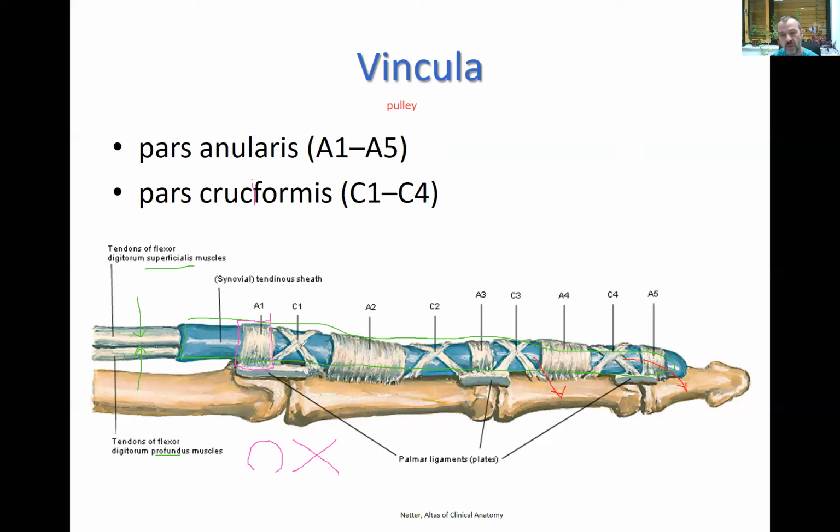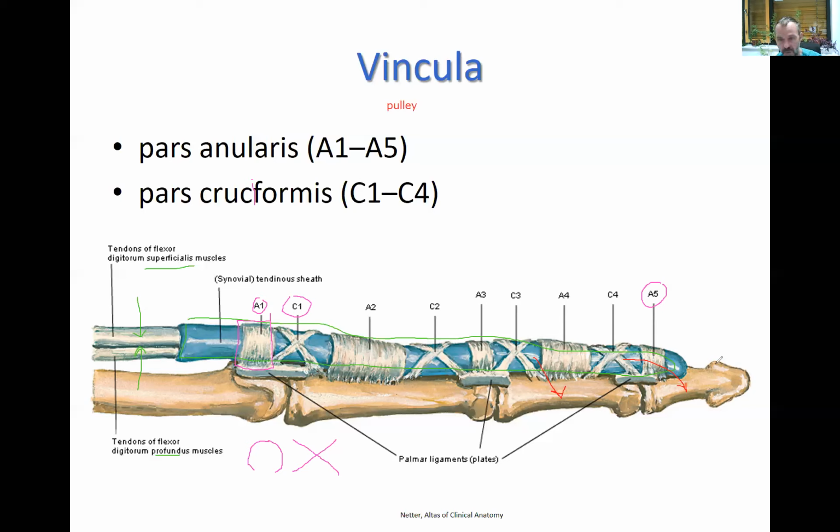And to know which is which, we just mark them A1, C1, and then we continue as far as A5. There is no C5. And some of these pulleys can be harmed during some injuries, and then they are repaired by plastic surgeons.